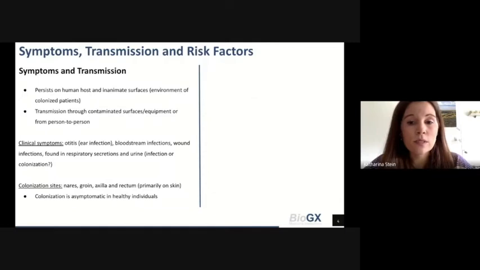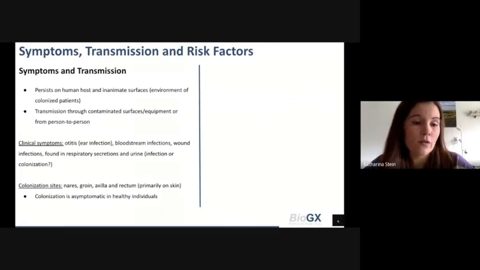Clinical symptoms include ear infections, bloodstream infections, wound infections, but it's also found in respiratory secretions and urine samples. And to mention here is that colonization does not mean infection or disease. And Candida auris is commonly isolated as an asymptomatic organism in healthy individuals.